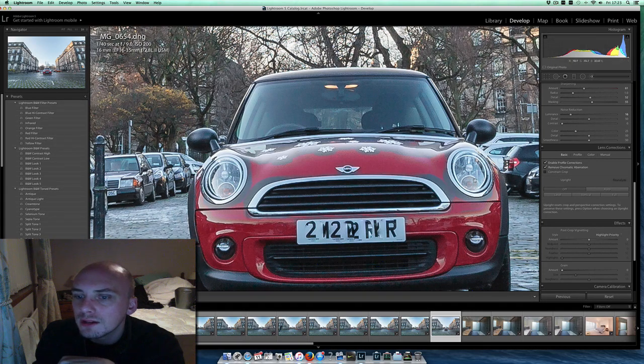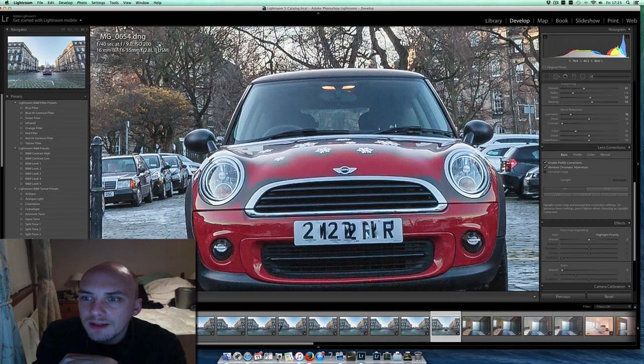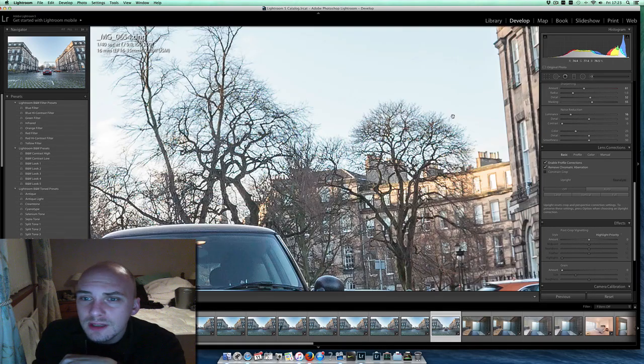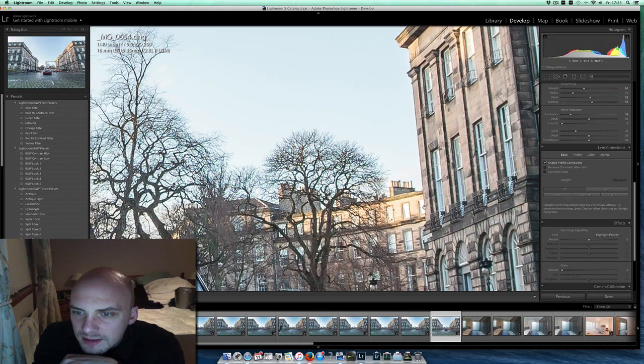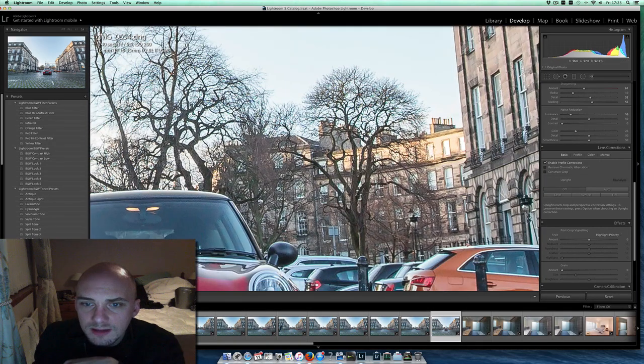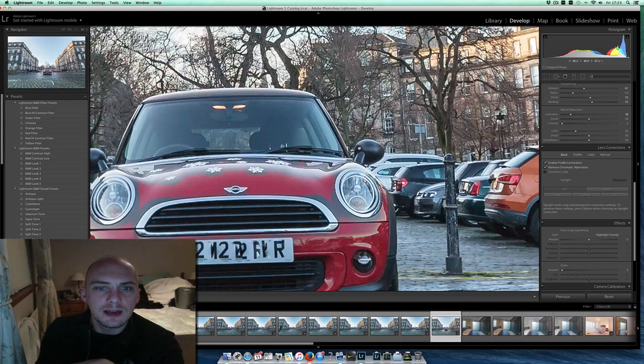Chromatic aberration is for very tiny bits, like up here in the corners, in high contrast areas like the side of this building. Oh, no, I can barely see anything. The sensor does so well. Right, maybe around this tree, remove chromatic aberration. Yes, that's got rid of the weird green chromatic aberrations.